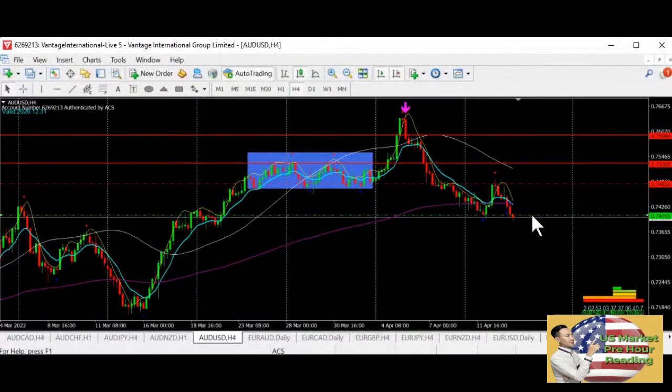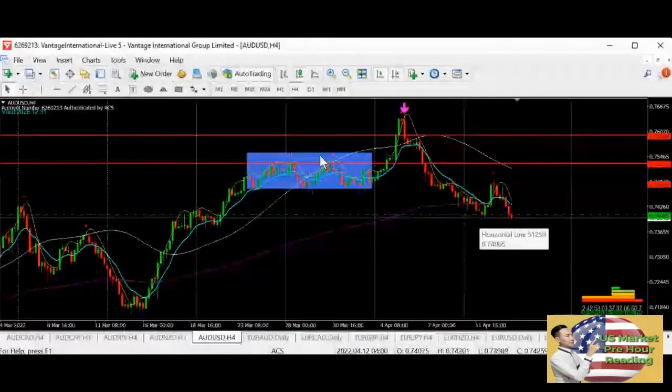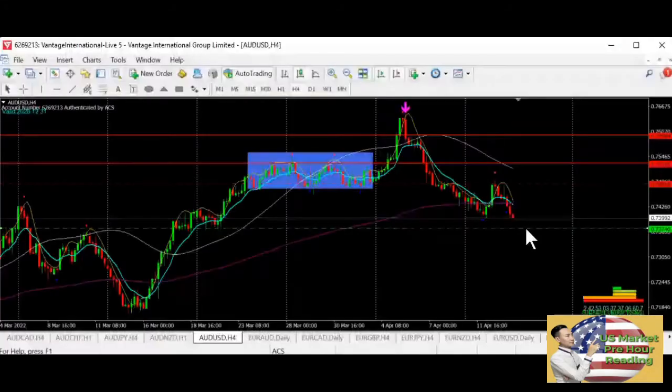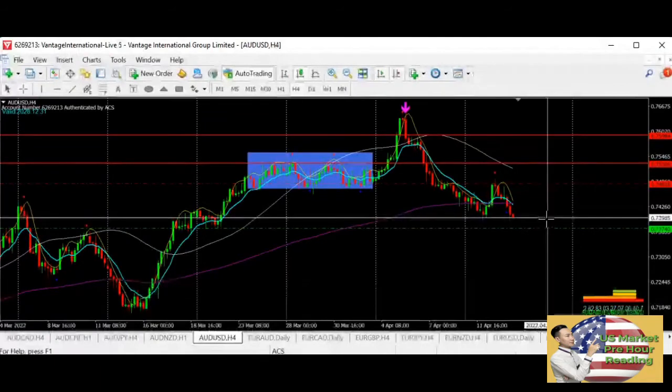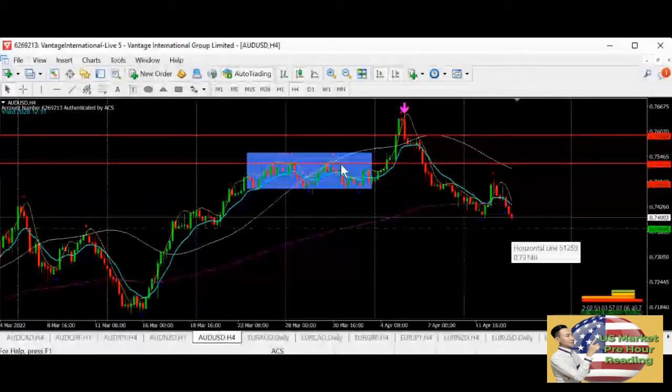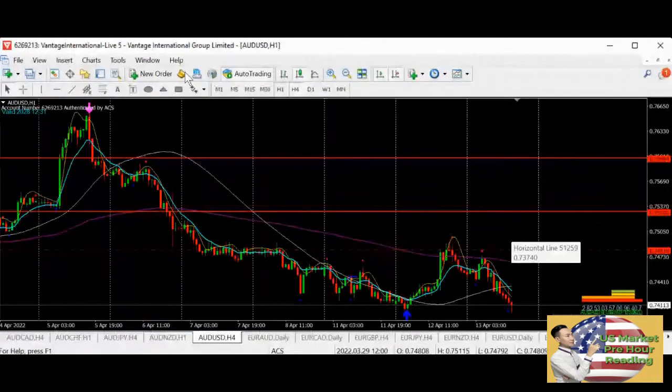First of all, right now we are on the support. It seems like this support has already broken, and now we are moving downwards to the next support level, which is here. So right now for Aussie dollar, we have about 25 pips to go. Well, 25 pips to go, I think that is pretty fair to grab some profits tonight.